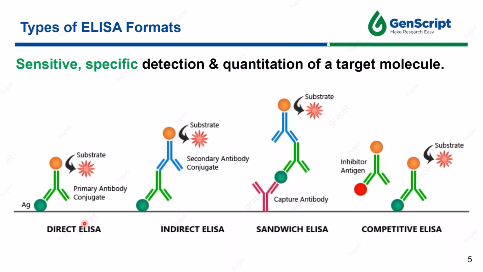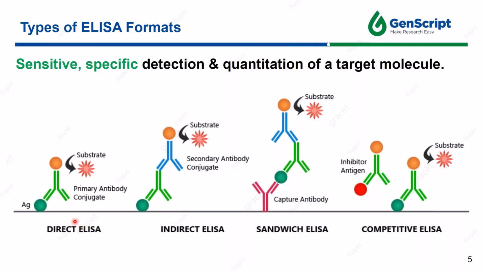Although there are some disadvantages to this method, as the antigen immobilization is not specific, higher background noise may be observed in comparison to indirect ELISA. This is primarily because all proteins in the sample, including the target protein, will bind to the plate.